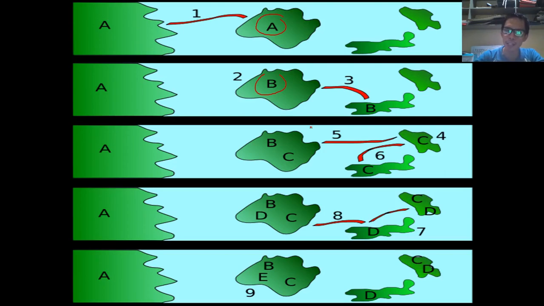So from one group of organisms, it became two, and this letter B is different in terms of both genetic and phenotypic characteristics.